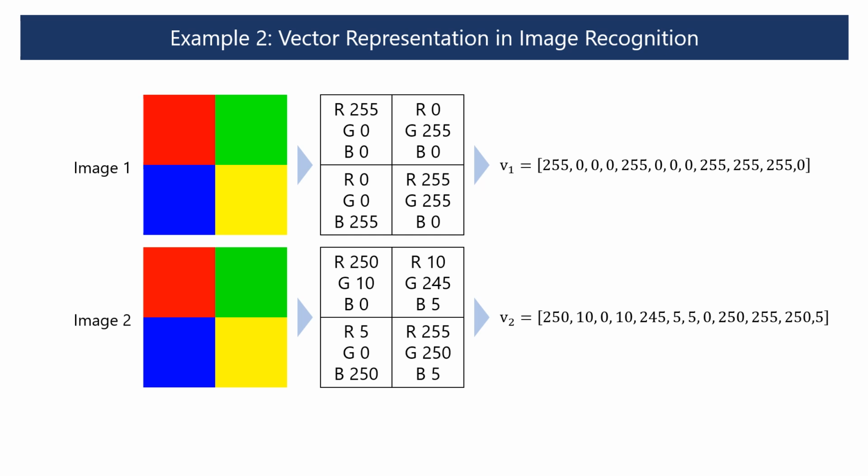So, 4 pixels by 3 channels, resulting in 12 elements. So, we can flatten the 2 by 2 pixel grids into vectors of 12 elements. As with the case of grayscale image, we can quantify the similarity between these color images using cosine similarity.